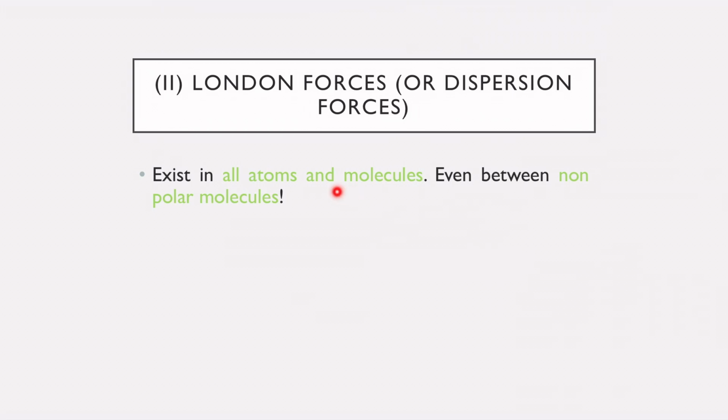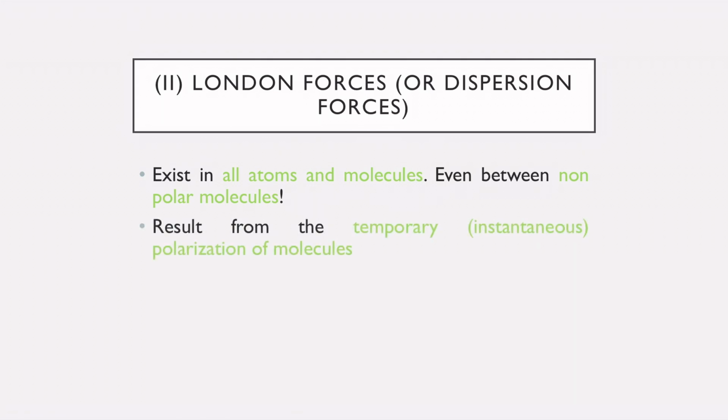So that means a polar molecule has London forces and even non-polar molecules will have them. So even between non-polar molecules. Okay? How does that happen? It is a result of the temporary, not permanent like just now, instantaneous polarization of molecules.